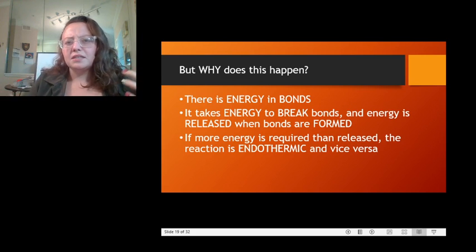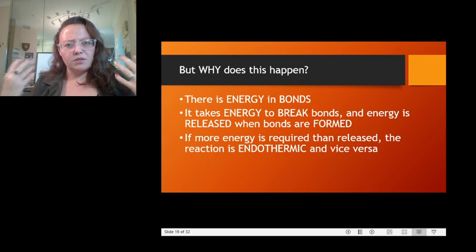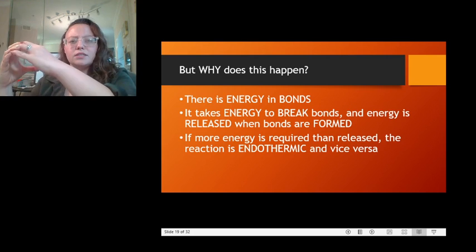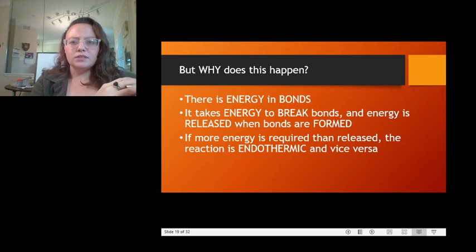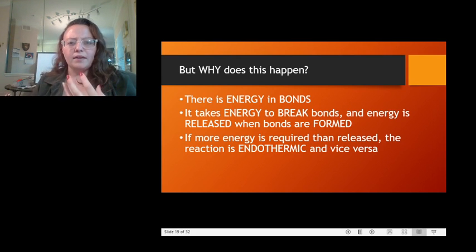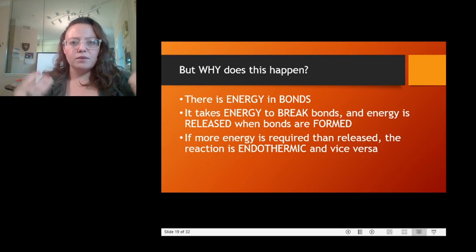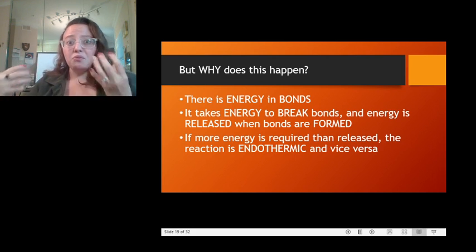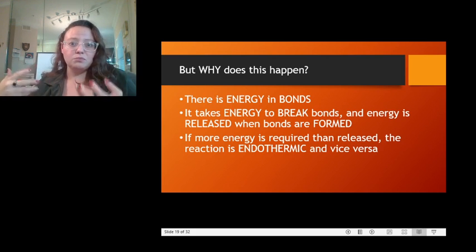And why is that? In the exothermic reaction, when things make bonds, they're going from a high energy state to a low energy state. So making bonds creates more stable molecules. Low energy is more stable. They wouldn't make the bond if it meant they had to have more energy. Do you want to do things that mean you have to use more energy?